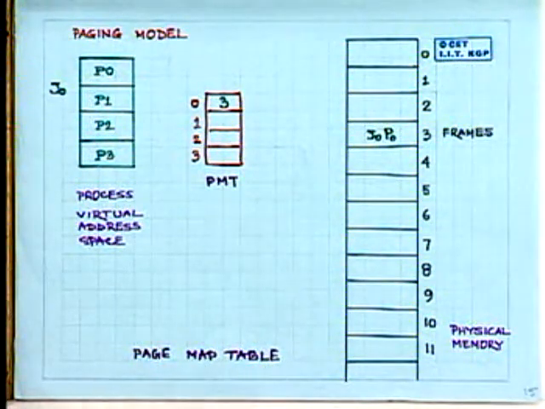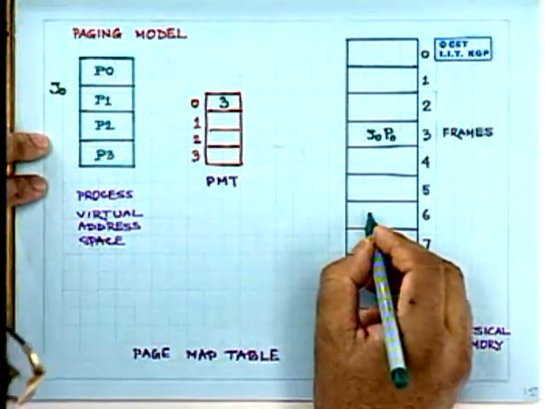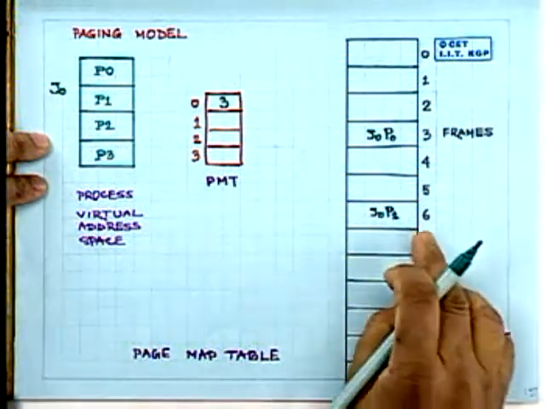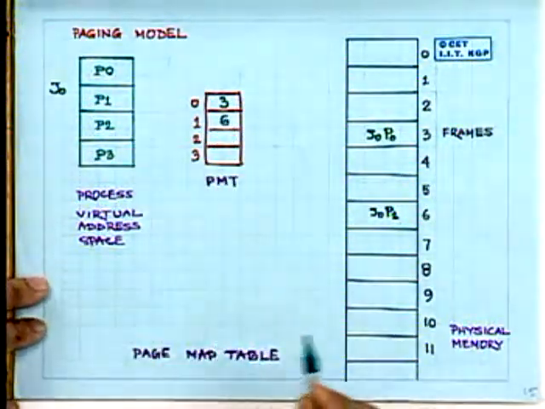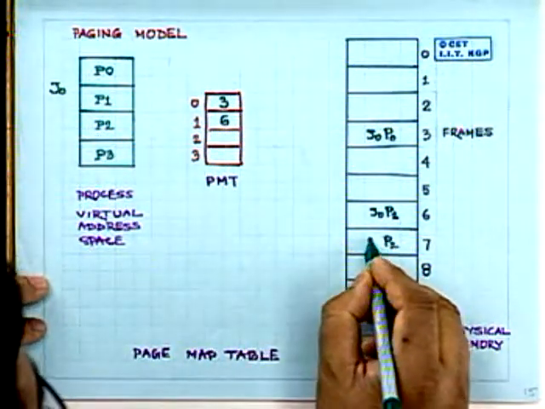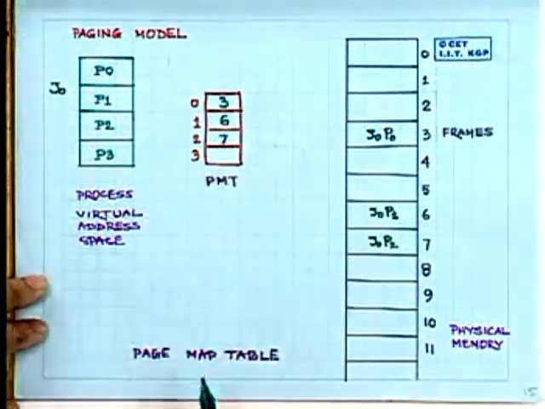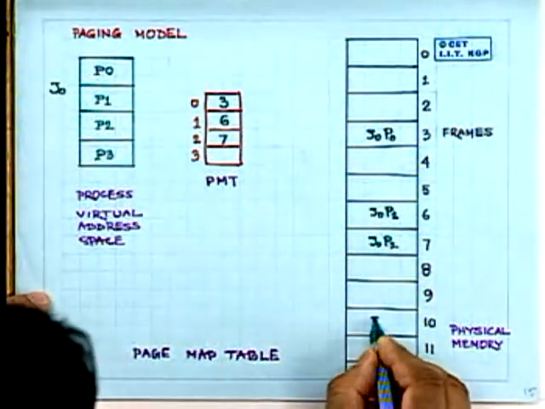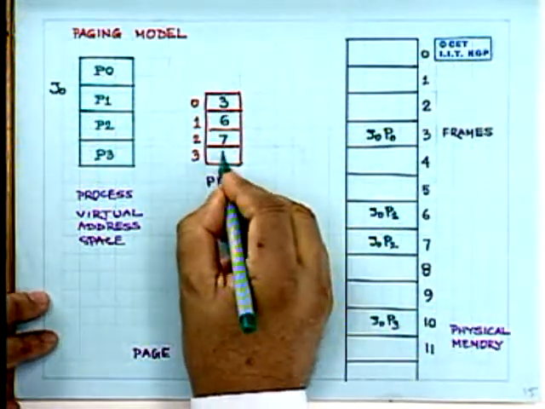Similarly, suppose that this page 1 I have loaded into, say, frame 6. That information I keep here. Then page 2 is loaded into frame 7. That information I keep here. And page 3 is loaded into, say, frame 10, and that information I keep here.